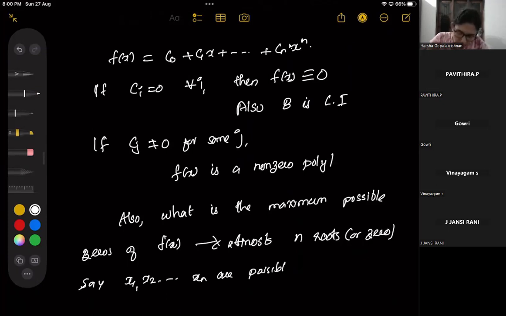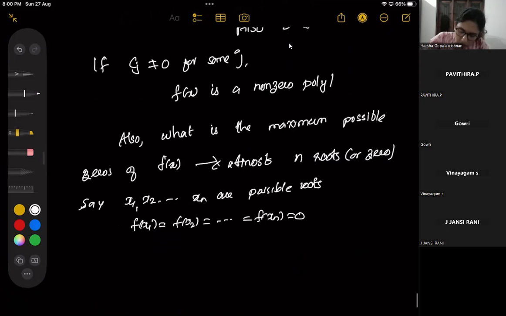So f of x1 equals f of x2 equals etc. equals f of xn equals 0, and for all x not equal to xi, i from 1 to n, other than these x1 etc. xn values, f of x is non-zero.